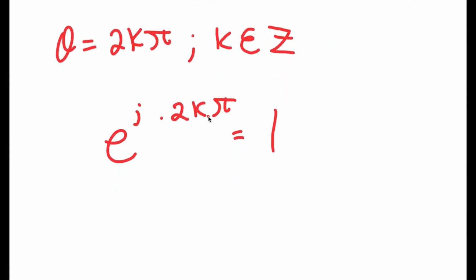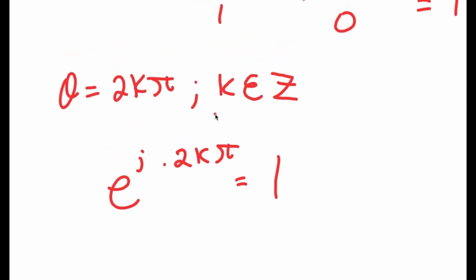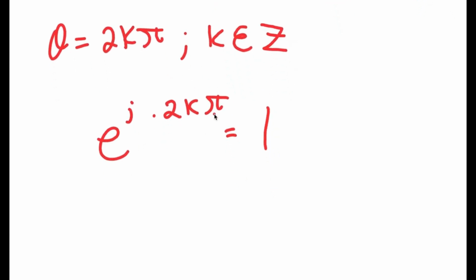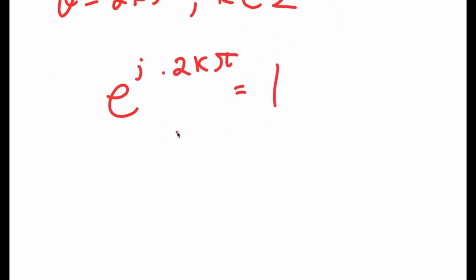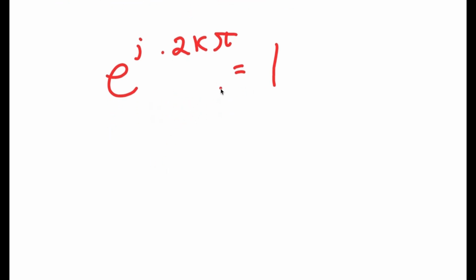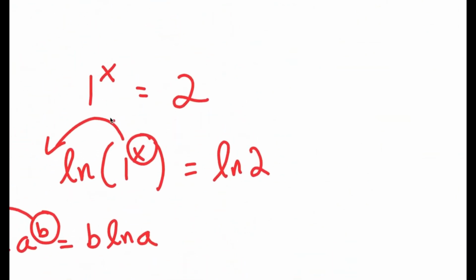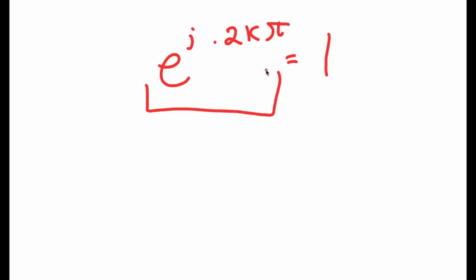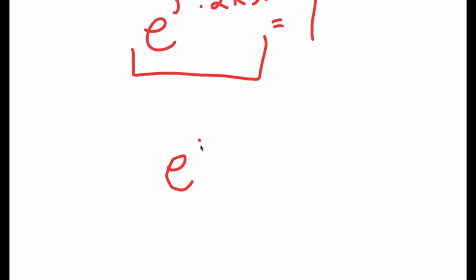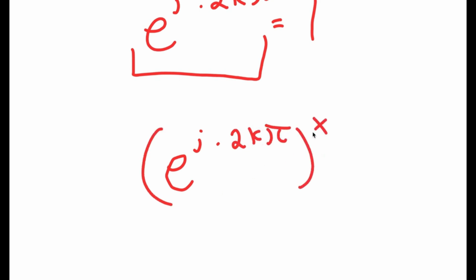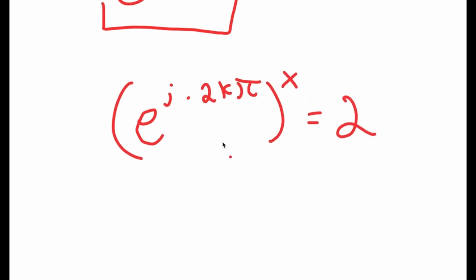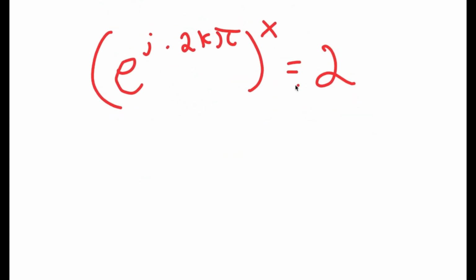So now, because this is equal to 1, we can remember our first equation, which we started with, 1 to the power of x equals 2. We can substitute in this for 1, meaning I get e to the power of i times 2k pi, to the power of x, is equal to 2. So just think of this as 1. So I have basically 1 to the power of x equals 2.